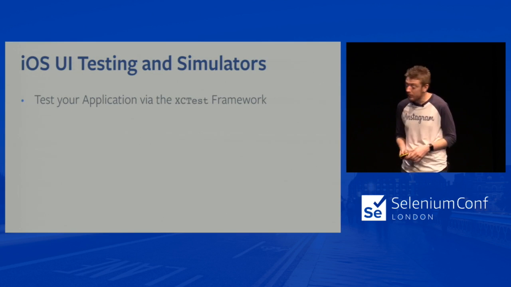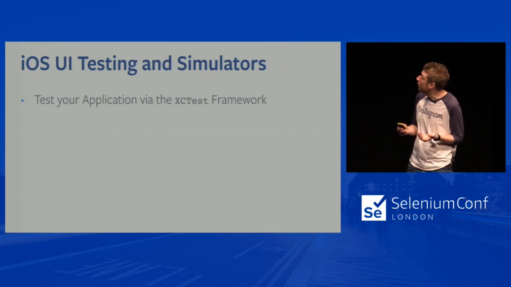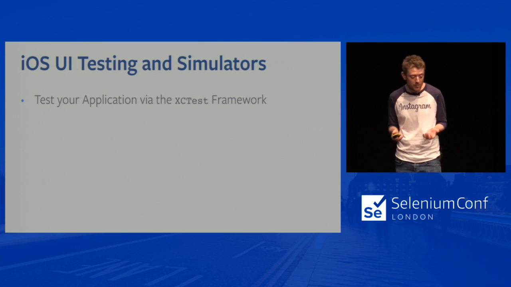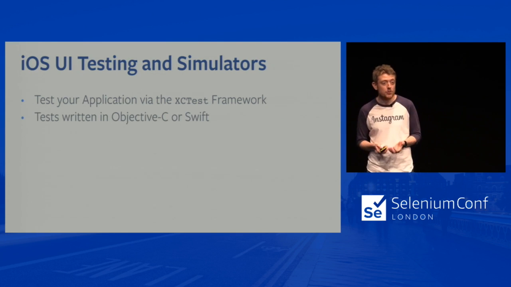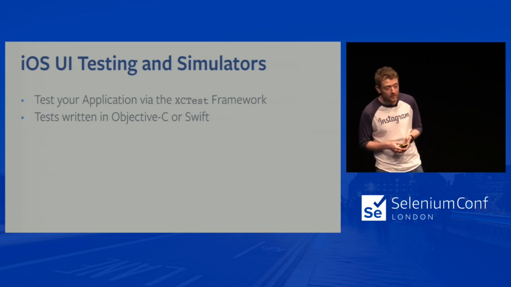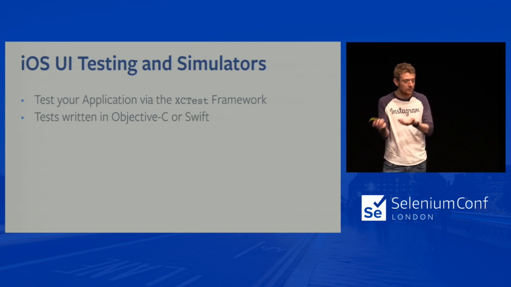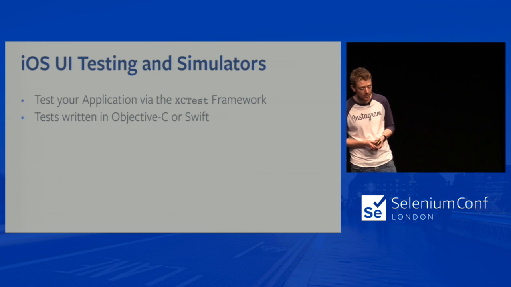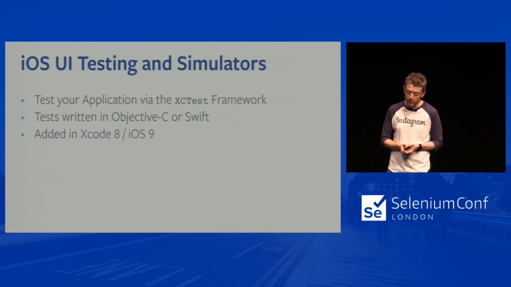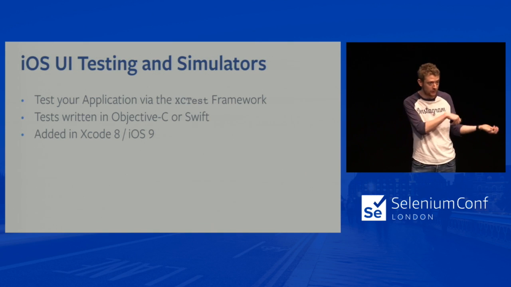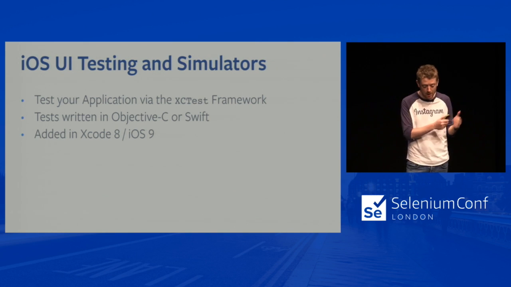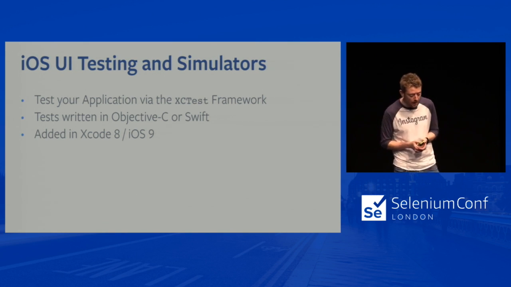So on iOS, you test your application via the Xcode framework. This means you write your tests in Objective-C or Swift. The Xcode framework itself is an Objective-C framework. It was added a few releases ago, in Xcode 8, iOS 9, just over a year ago.